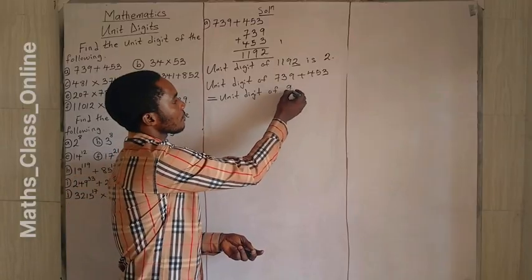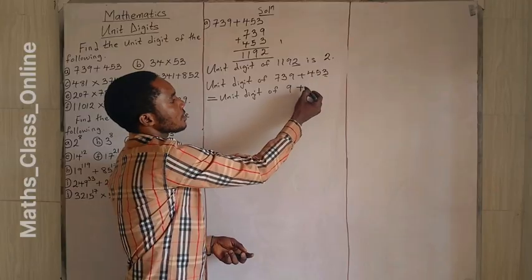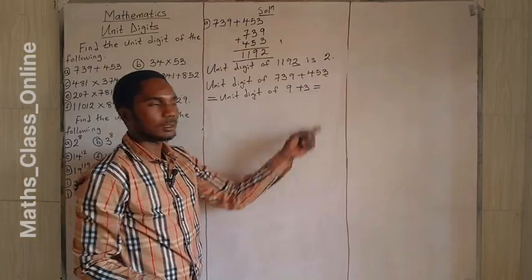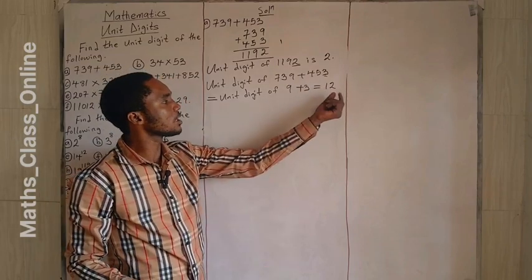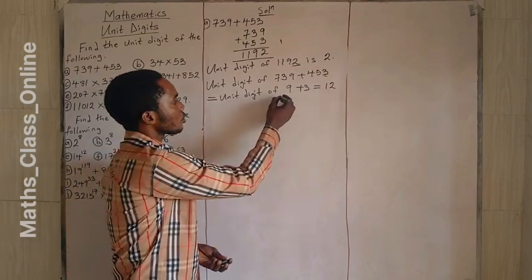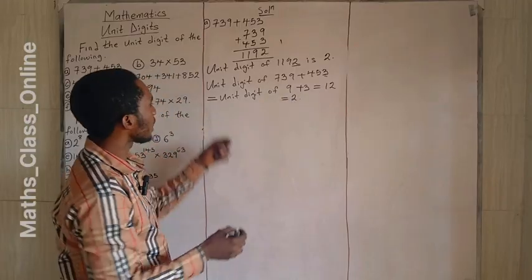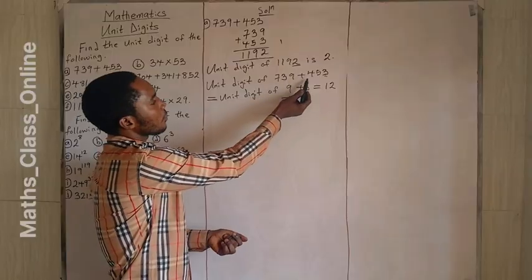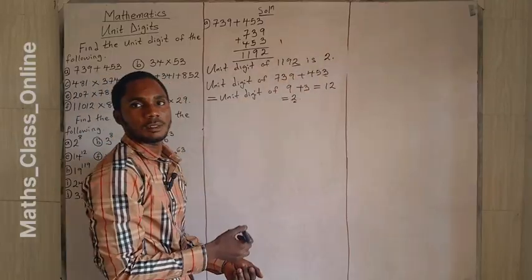That is 9. Plus, what is the unit digit of 453? That is 3. 9 plus 3, that is what? 12. What is the unit digit of 12? And that is 2. That implies that the unit digit of 739 plus 453 is what? Is 2, which is what we have here.